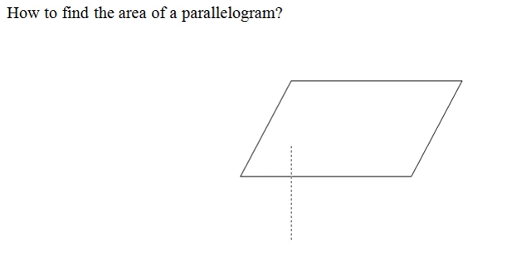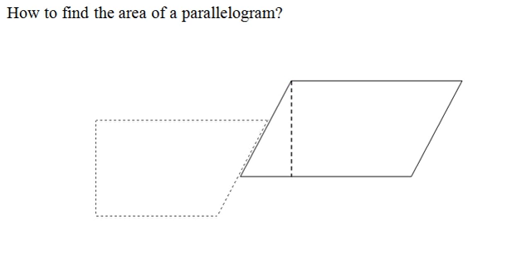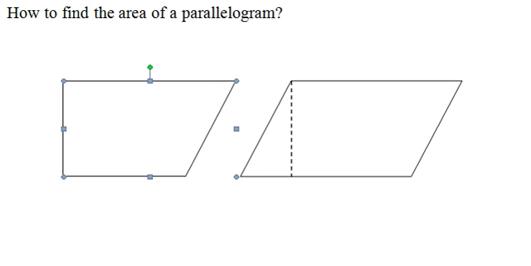You can cut from one of the corners, draw a perpendicular line to the opposite side, and this line will separate the original parallelogram into two parts. One part will be a right-angled triangle. Now, this right-angled triangle is the part you can move around in order to help you solve the problem.